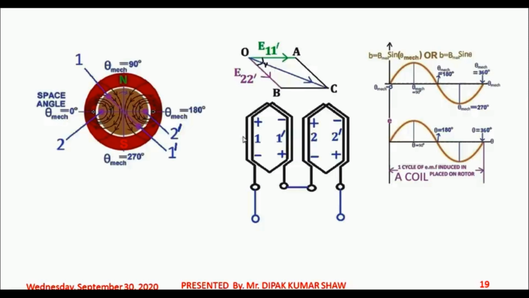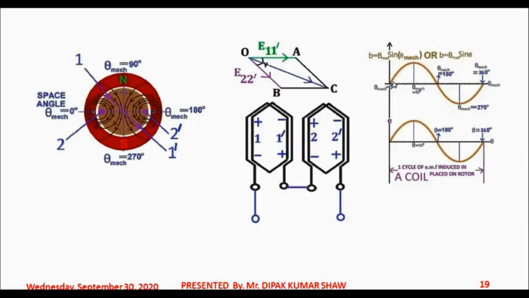For an n turn coil, you will have n conductors on each coil side. So let us make some recapitulation so that it's easier for our understanding.